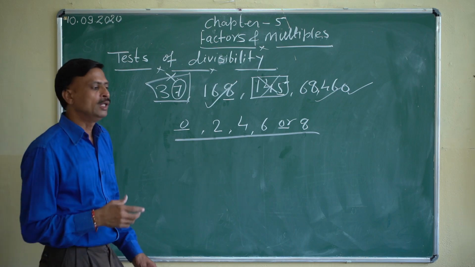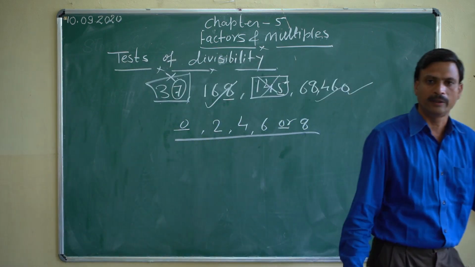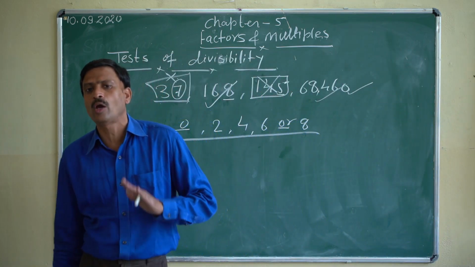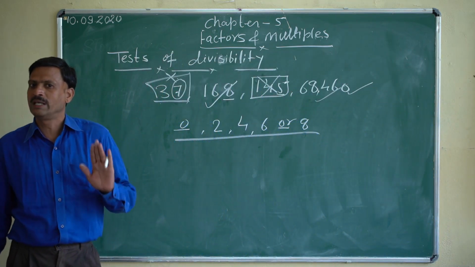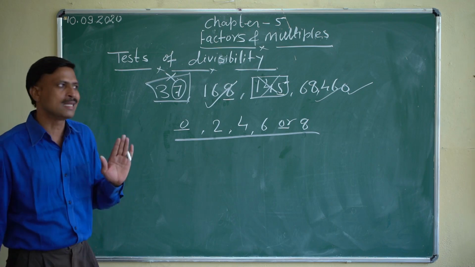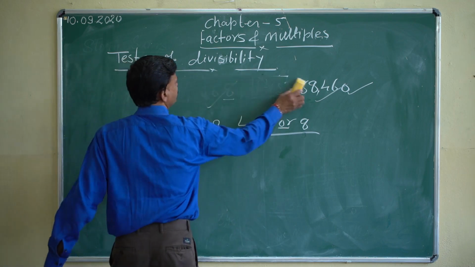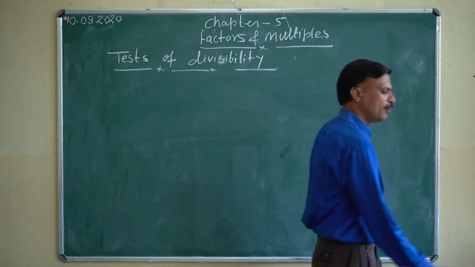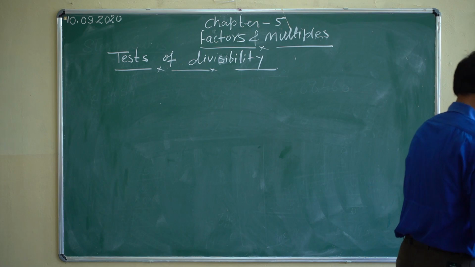Now I will tell you the divisibility test for 3. How will we know that the given number is divisible by 3 or not without dividing the number itself? I am taking some questions from your book only.